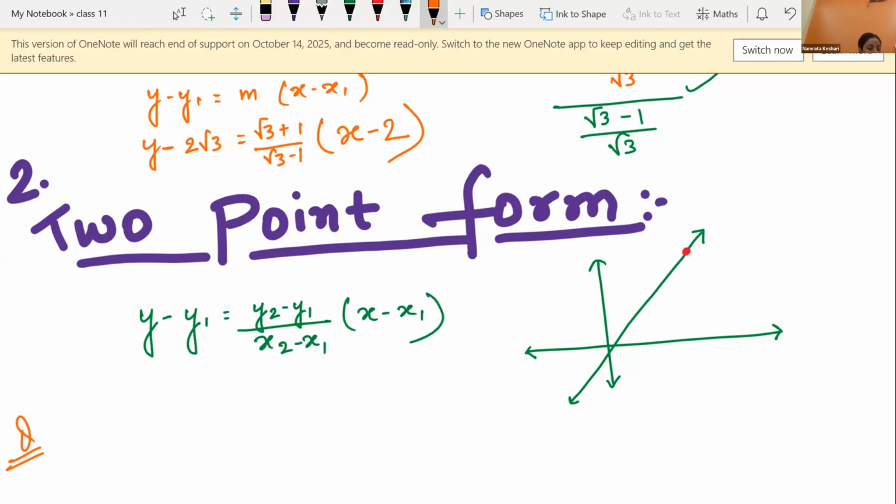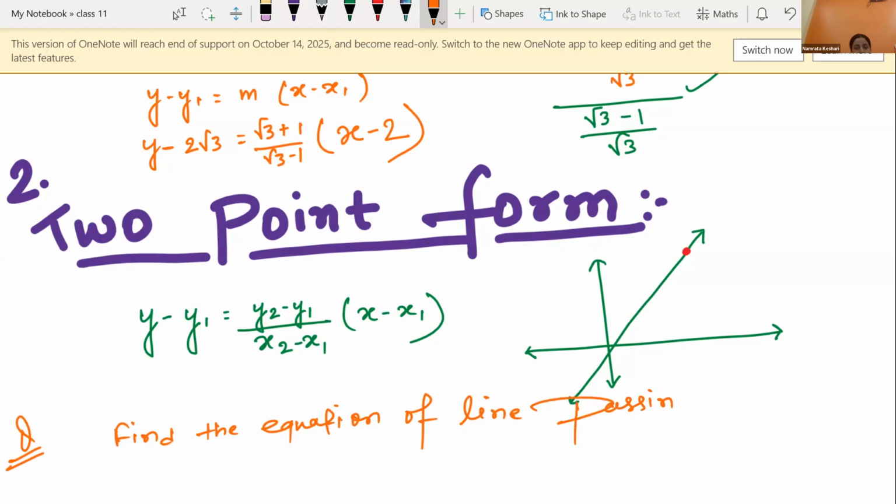So let me give you one example. Find the equation of a line passing through (minus 1, 1) and (2, negative 4). The above formula will be used here to find the equation of a line.